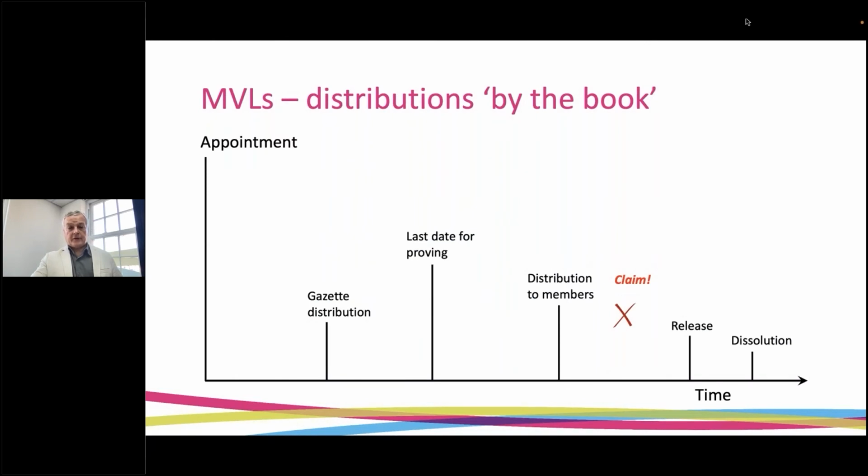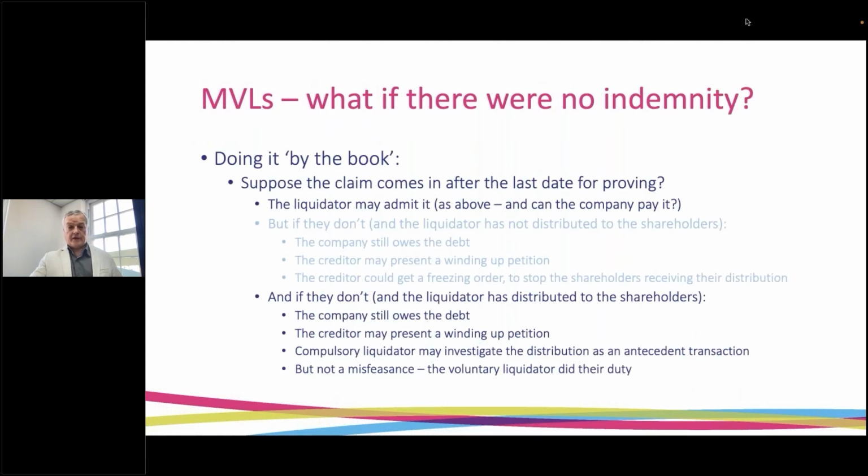Let's look at the situation where there is a very late claim and it's come in after the last date for proving, and indeed even after you have distributed funds to the shareholders. Again, the company does still owe the debt.